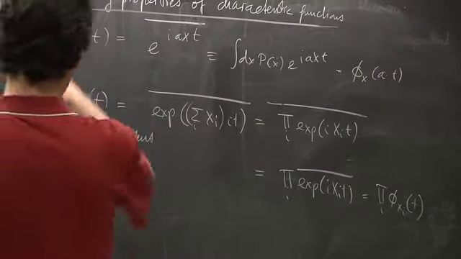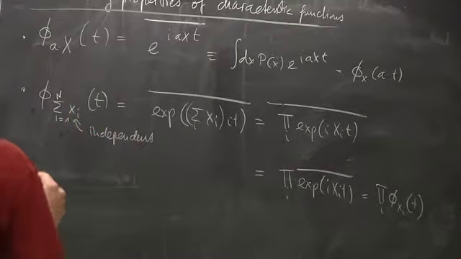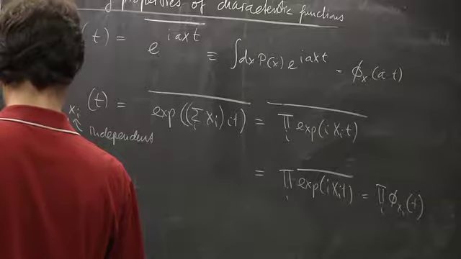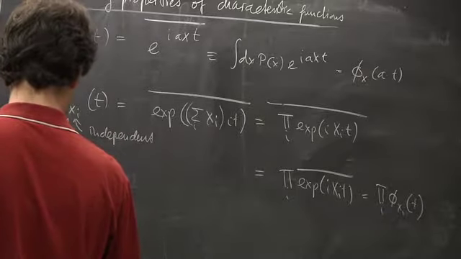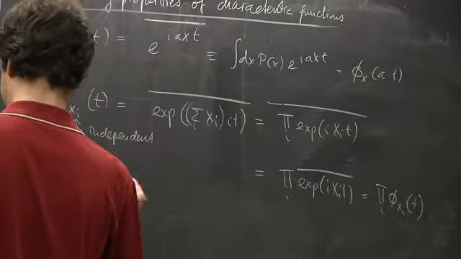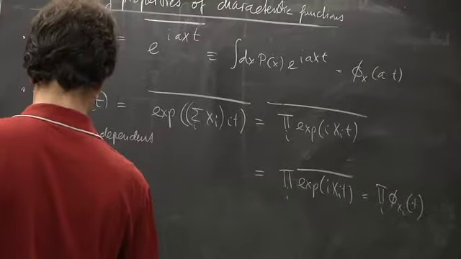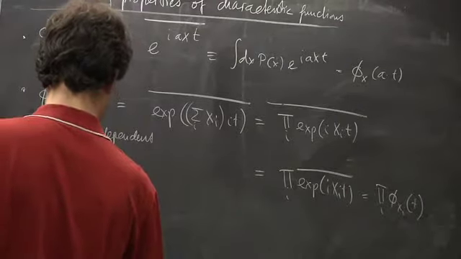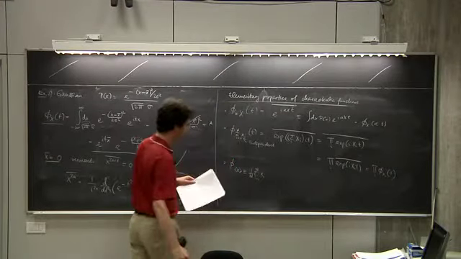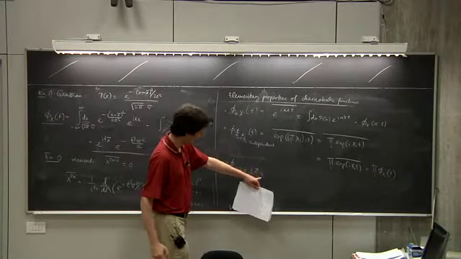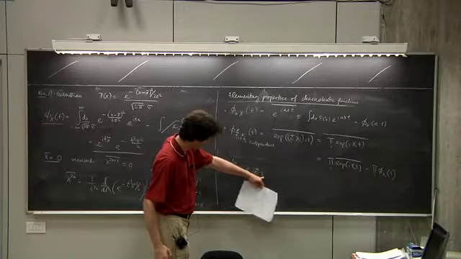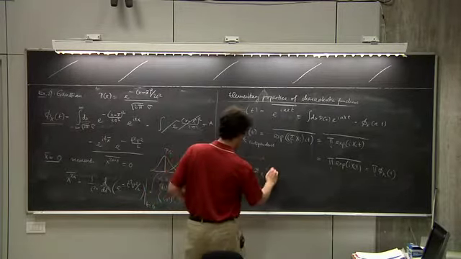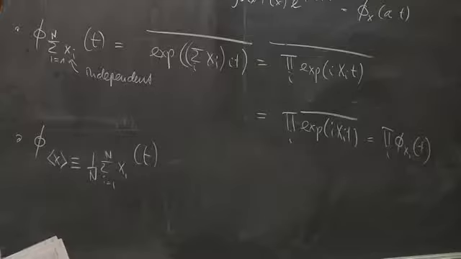Good. And now let's combine these two things together to get the characteristic function of an average, which I define as always now in these lectures. So let me take the sum of n variables, divide by n, and that's my new variable. And I want the characteristic function of that.